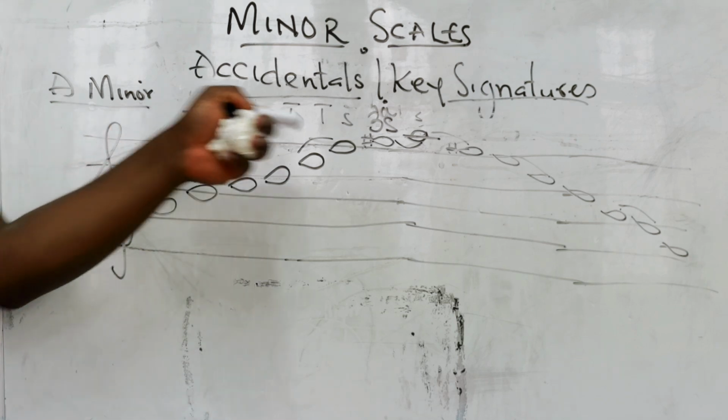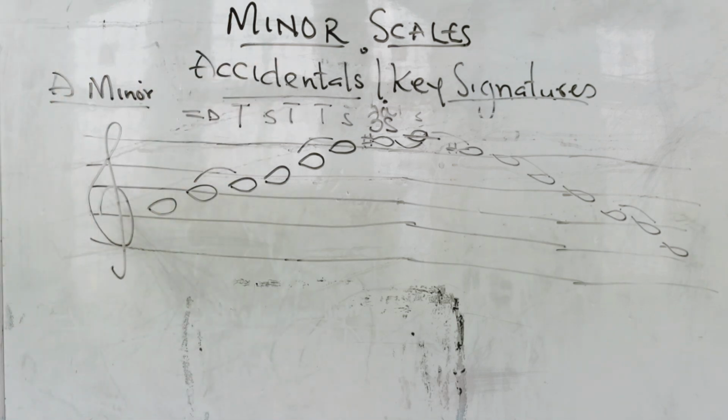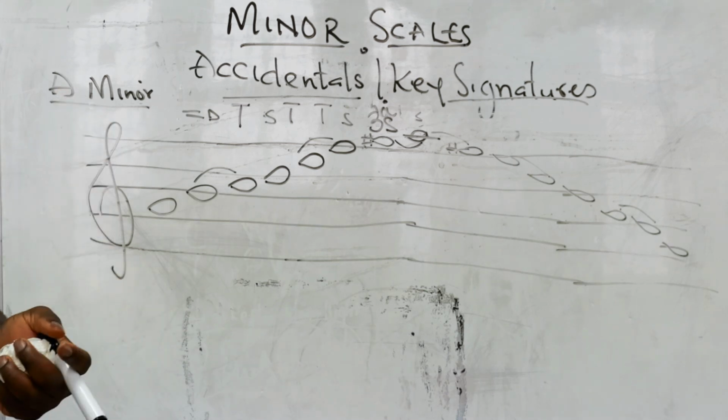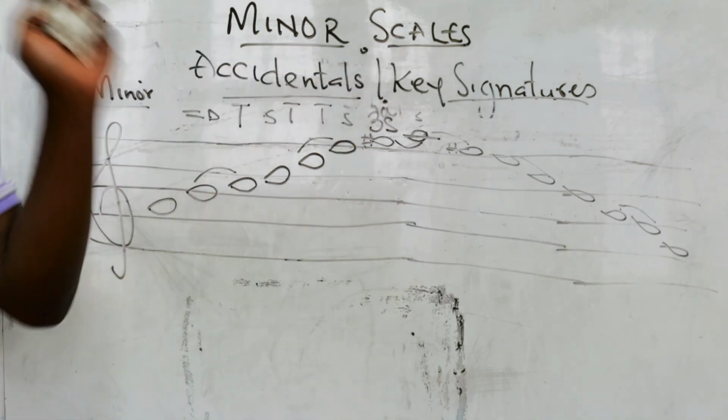If I've forgotten this tone, what can I do? What is the relative major? C is the relative major, then start from the 6th note of that C. Do your scale of C, don't add any sharp or flat, but start from the 6th note and end on the 6th note, and then sharpen whatever is the 7th note.